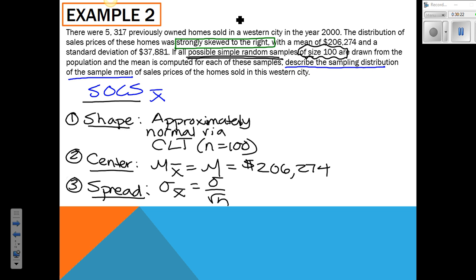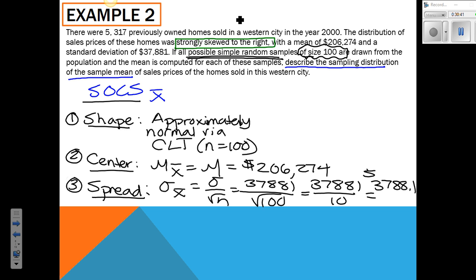You guys with me? So that's going to be 37,881 over the square root of 100, which is 37,881 over 10, which is going to be $3,788.01.